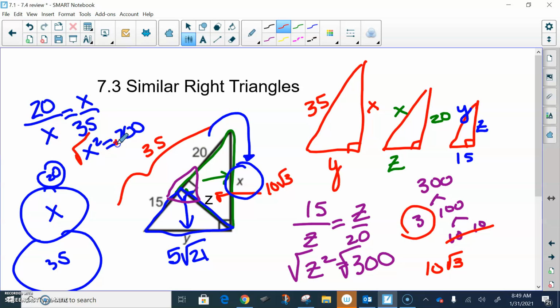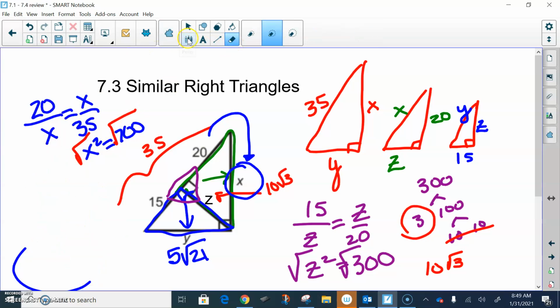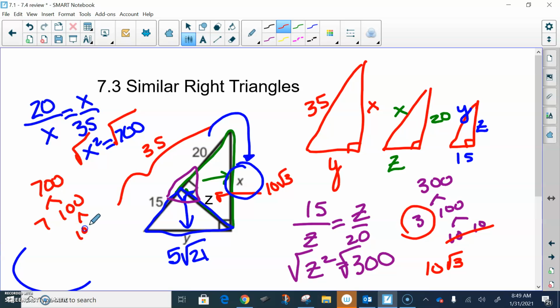Let's go ahead and square root, and let's factor that. That's only going to take us a second. So we have 700. I know that's 7 times 100, and 100 is one of our perfect squares. We're going to take that 10 outside, and that 7 stays inside. So it looks like the length of x is going to be 10 root 7.